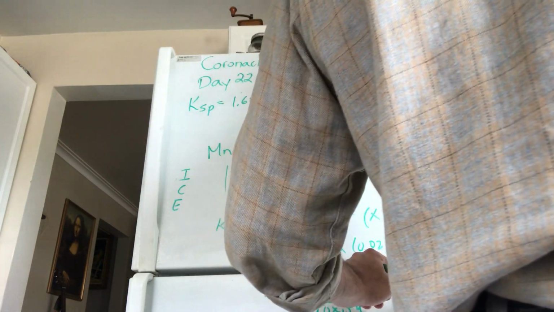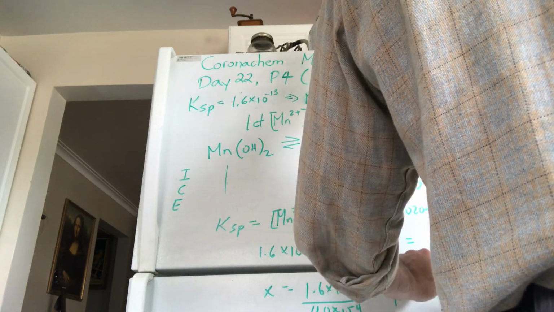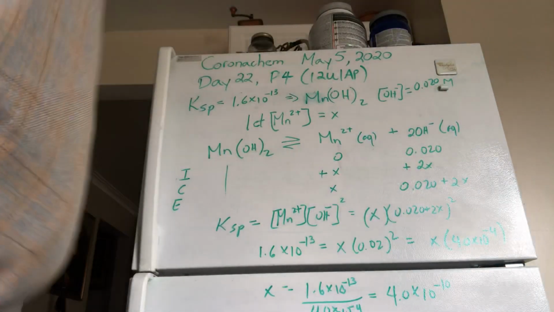So in the end, x equals 1.6 times 10 to the negative 13 divided by 4.0 times 10 to the negative 4. You get a value of x that is 4.0 times 10 to the negative 10, which is in agreement with what the textbook says.